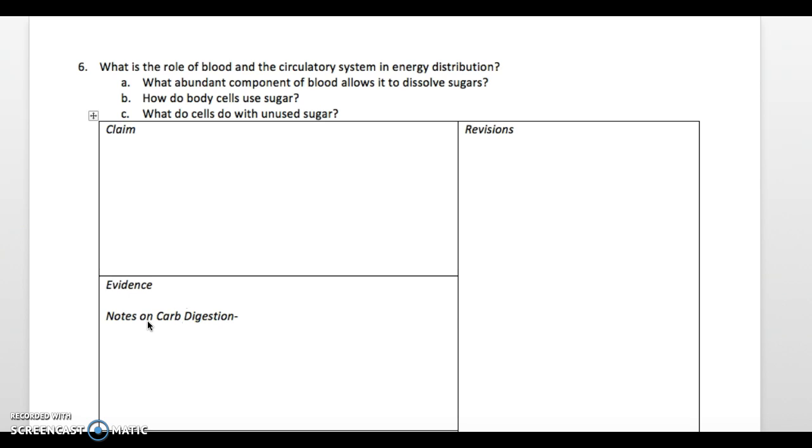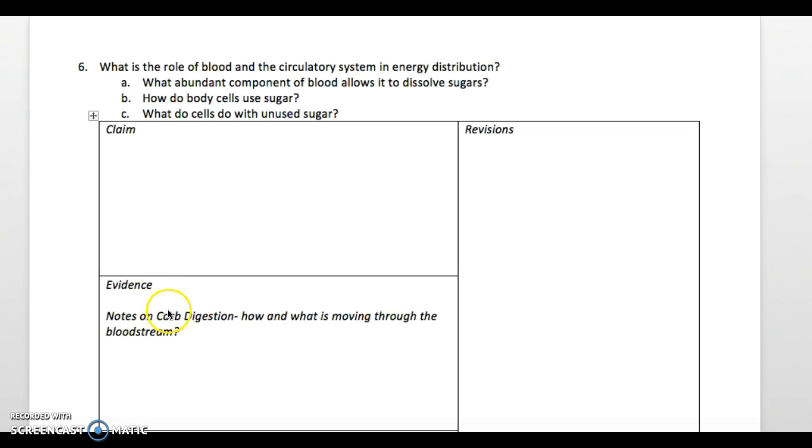And we want not just the notes information, but we want to think about from our notes how and what is moving through the blood stream, okay? And there were a few things moving through the bloodstream, so we want to think about what's getting transported through the bloodstream in order for our body to use the energy in monosaccharides.